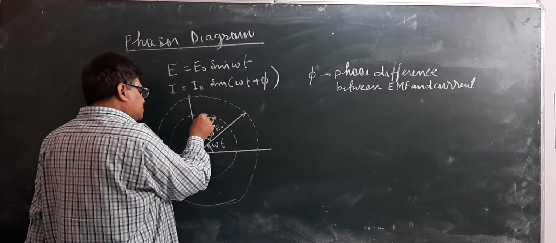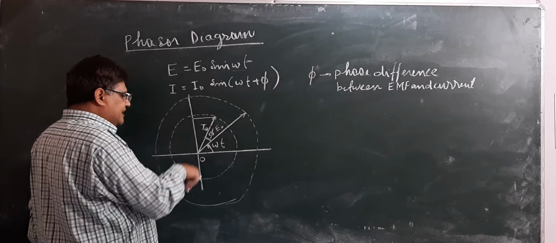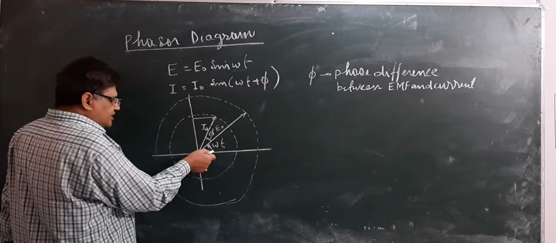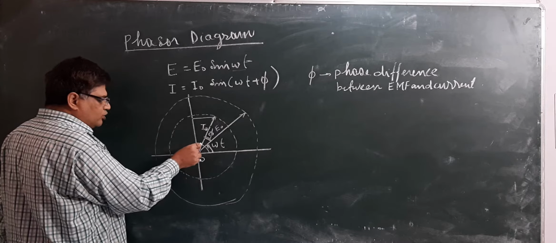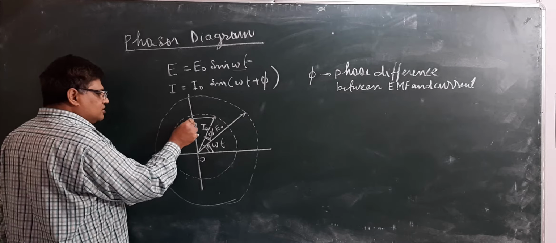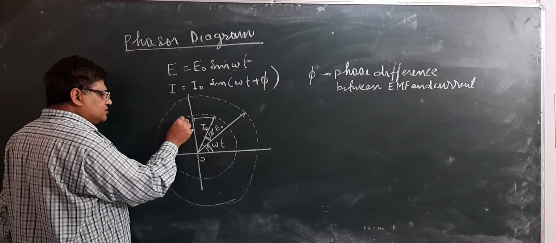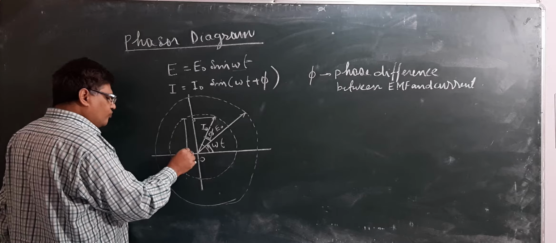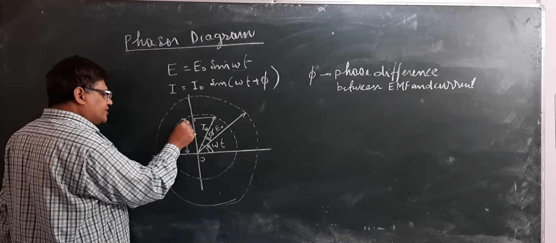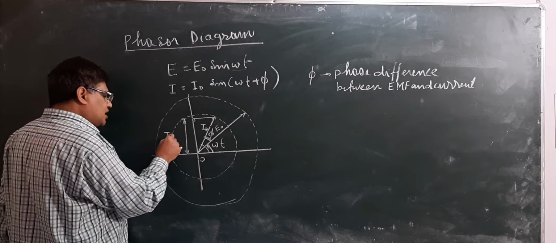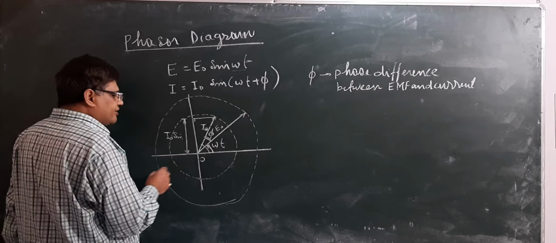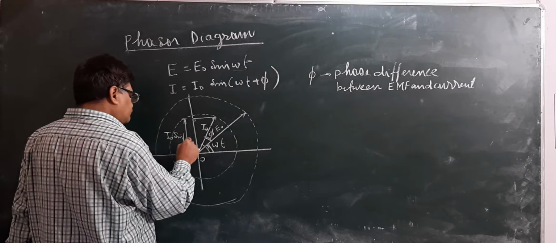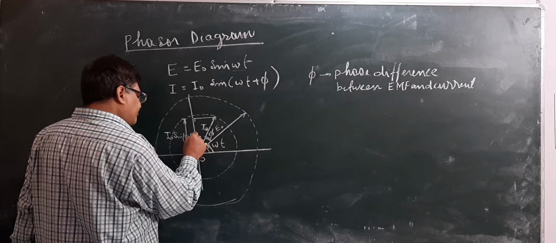Say there is the projection of I on this axis. So if this is angle omega t, this is phi, this entire angle will be omega t plus phi, and this is perpendicular, so this will be I naught sine omega t plus phi.